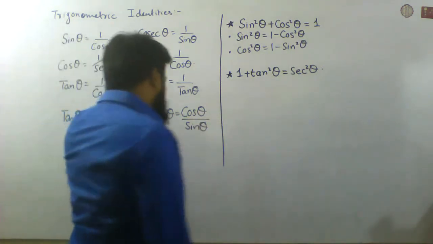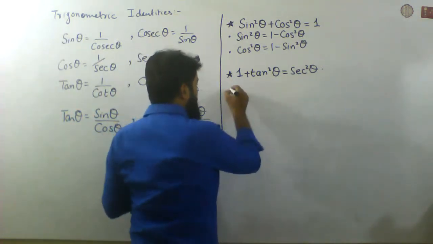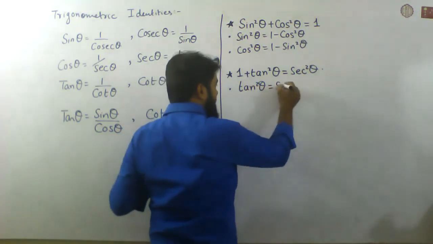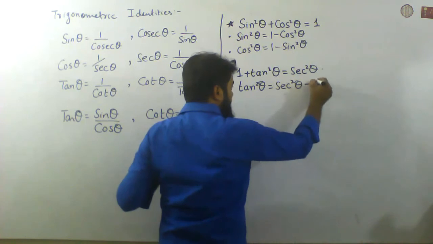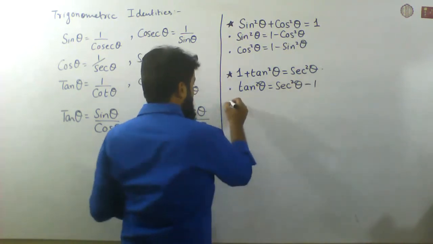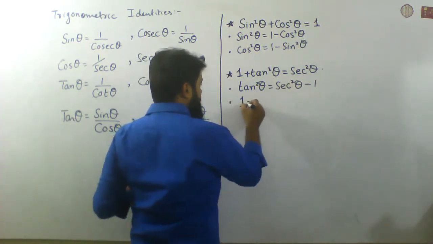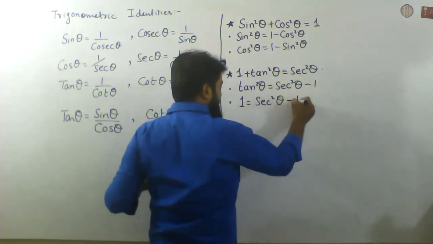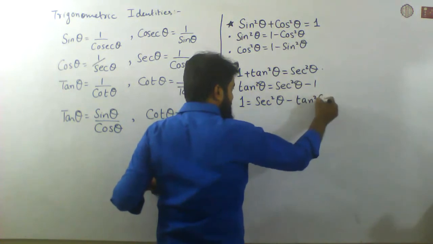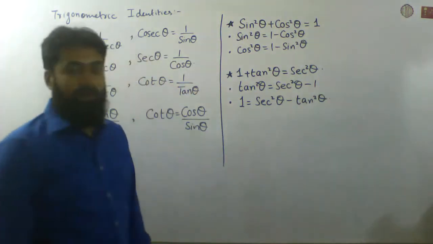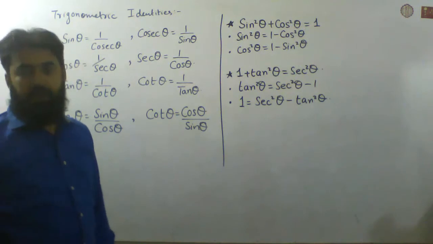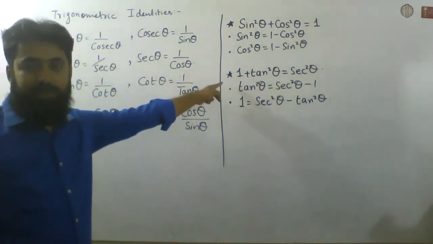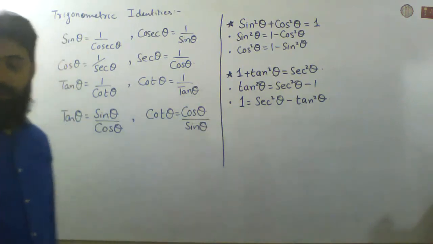You can also write it in this form: tan square theta equals sec square theta minus 1, or 1 equals sec square theta minus tan square theta. This is the second squaring identity, and these two are its variations.